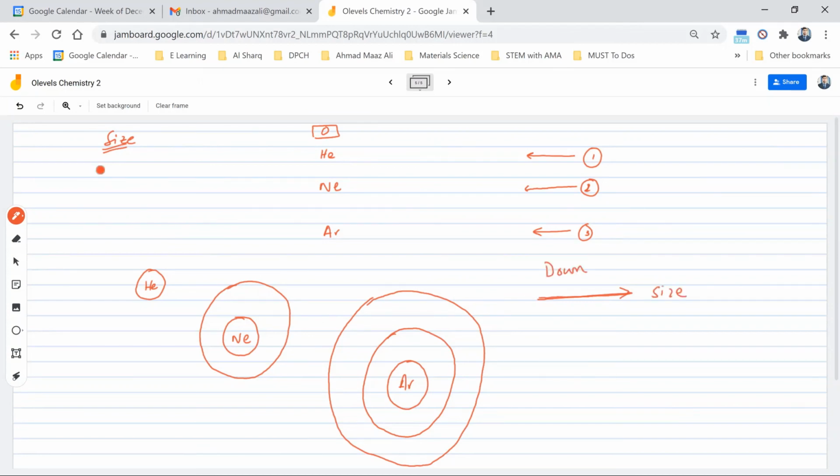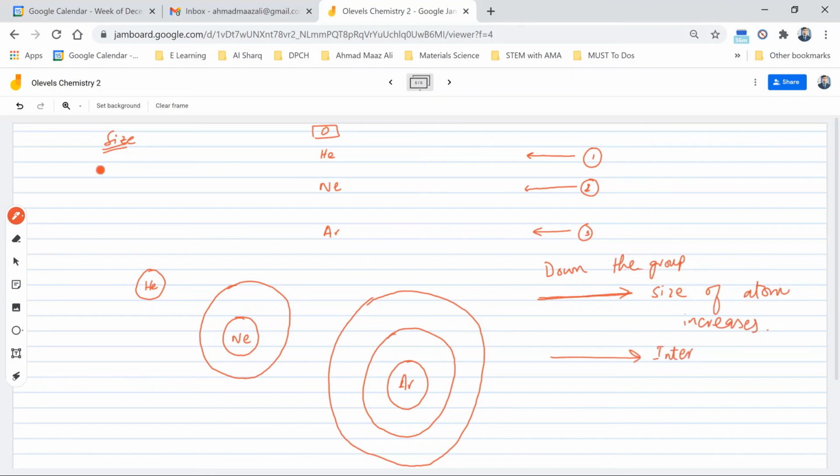Please write this down. As we move down the group, what happens? Size of atom increases. And when size of atom increases, the intermolecular forces increase.